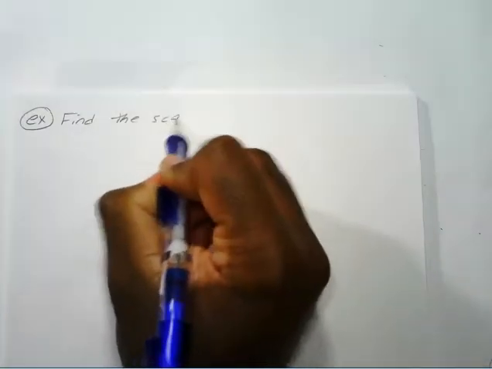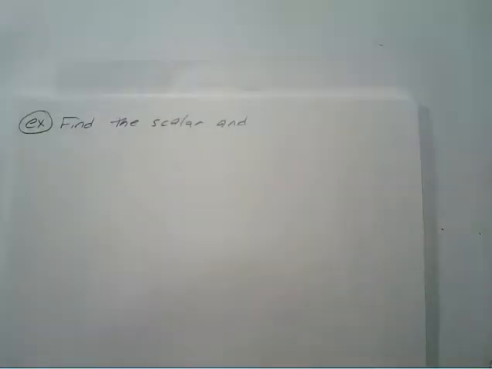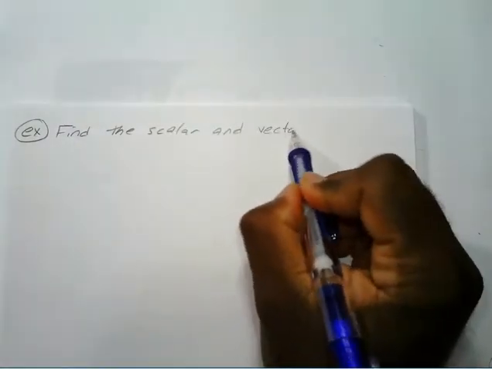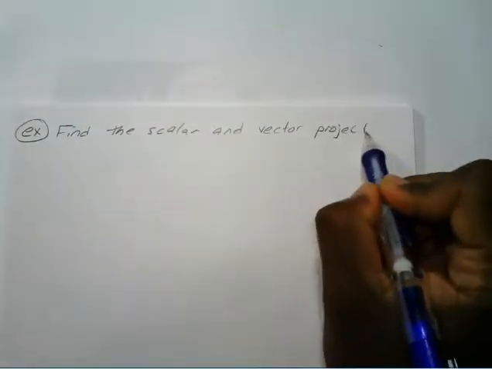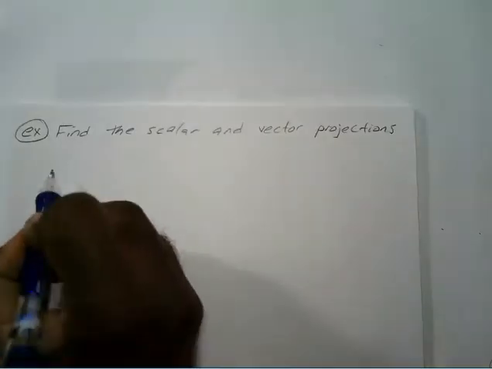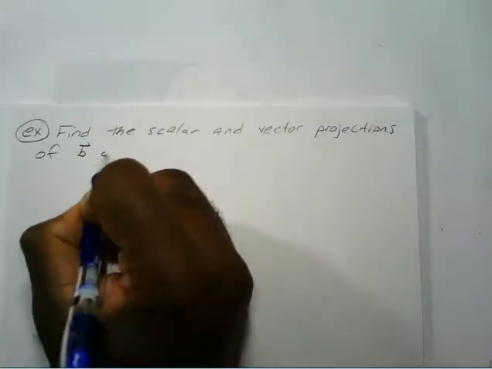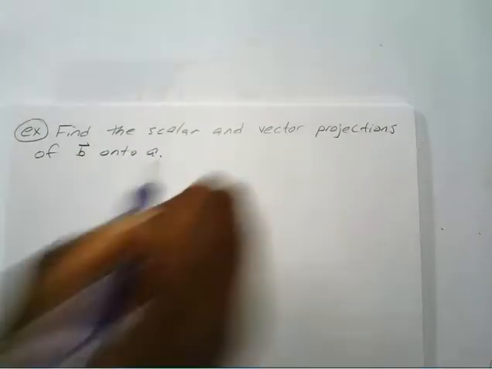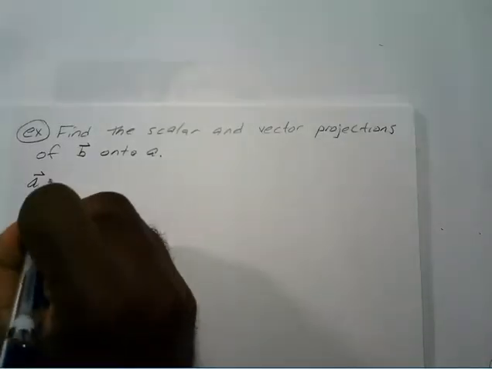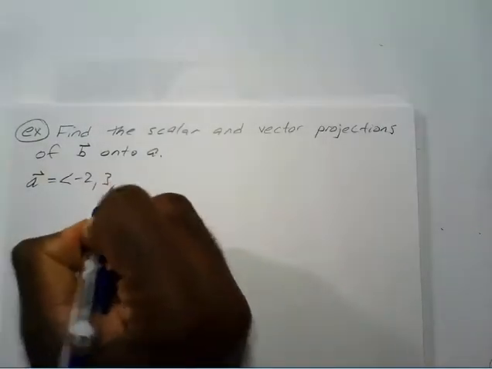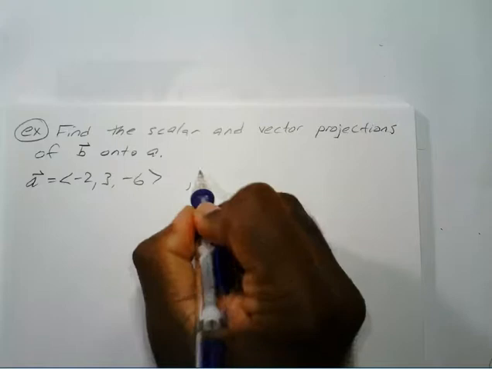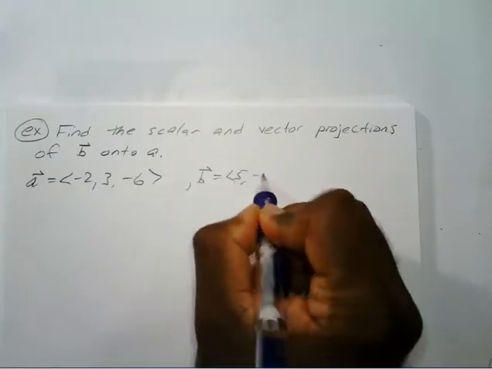Let's say, for example, we want to find the scalar and vector projection of B onto A. Let's say that our A vector is equal to -2, 3, -6, and our B vector is equal to 5, -1, 4.